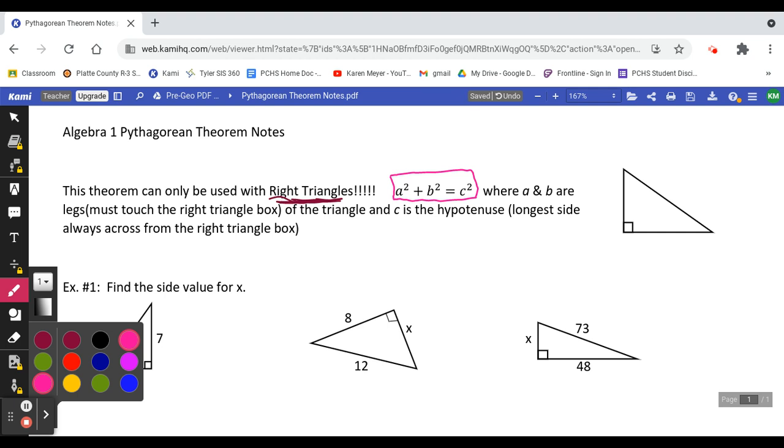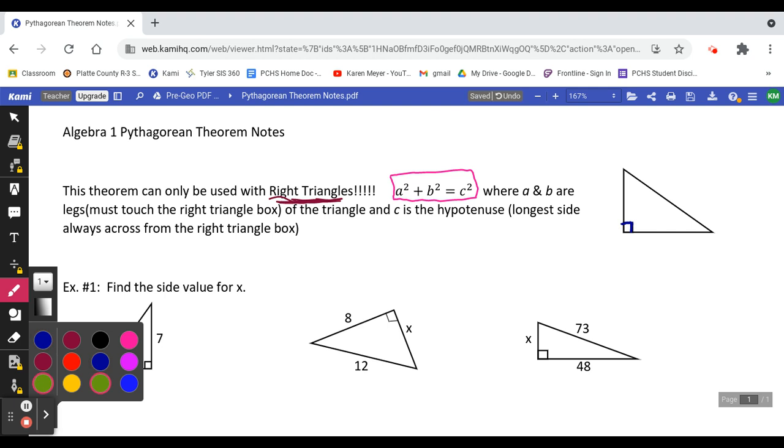So now we look over to the side and we have a right triangle. And we're going to label the A, B, and C. So if we read on, it says A and B are legs, and the legs must touch the right triangle box. So here's my little 90 degrees. I'll outline that in blue. There's my little 90-degree box.